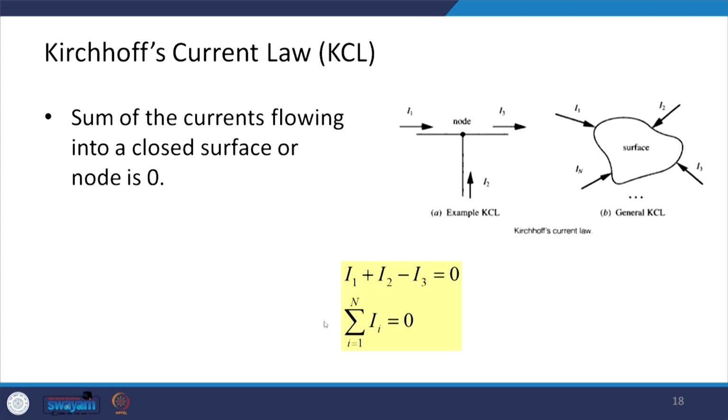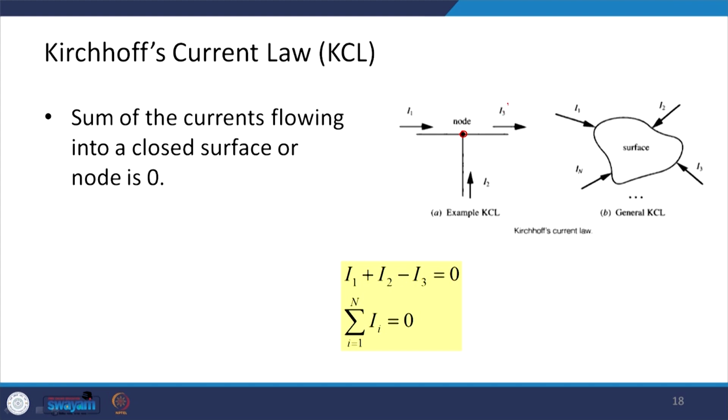Similarly, Kirchhoff's current law can be written as follows, that is, the sum of the currents flowing into a closed surface or node is 0. So, suppose you have a node here and there is a current I1 in, I2 in and I3 going out. So, we can take the incoming value as positive and the outgoing value as negative, and we can write Kirchhoff's current law. Okay. So, for this node, I1 plus I2 minus I3.